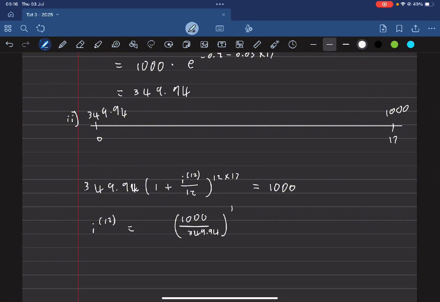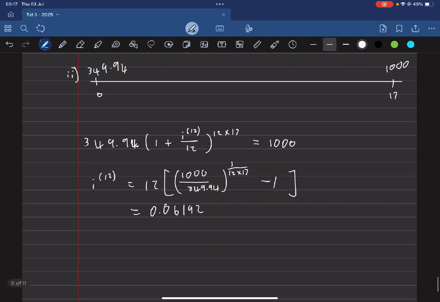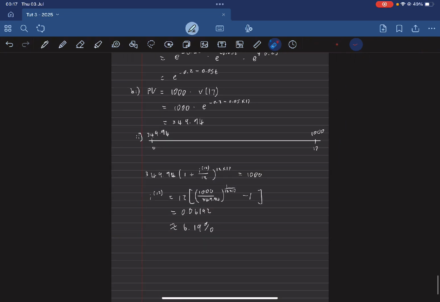Obviously, it's going to be to the power of 1 over 12 times 17, minus 1, and then times 12. And if you put that into your calculator, you get 0.06192, which is roughly 6.19%. And that is your normal interest rate convertible monthly that's implied by this transaction. And that's the end of question 2. Cool.